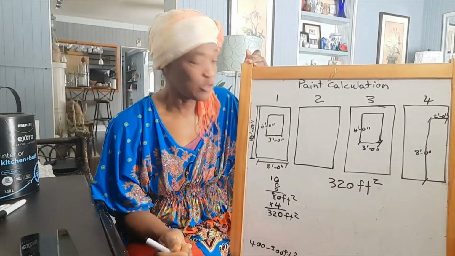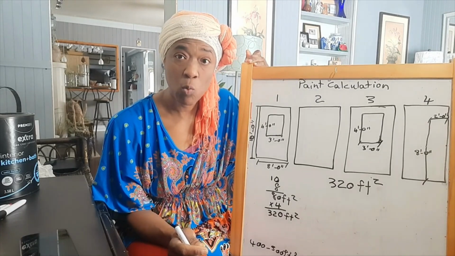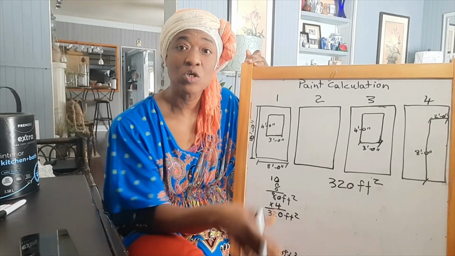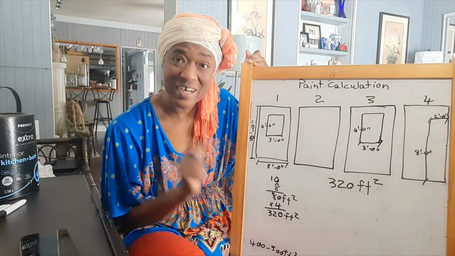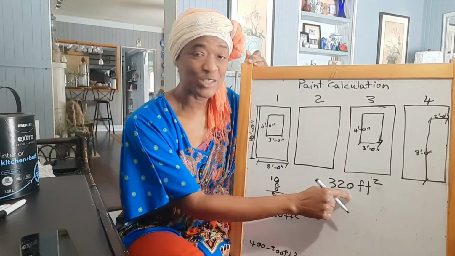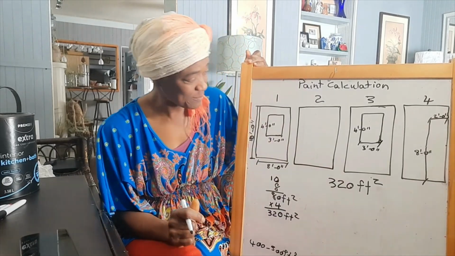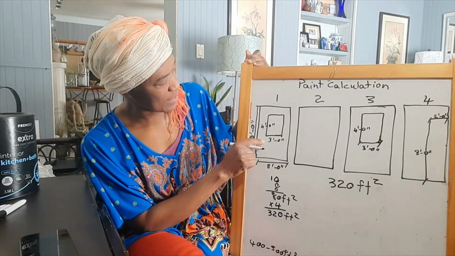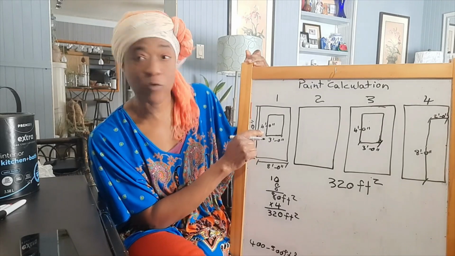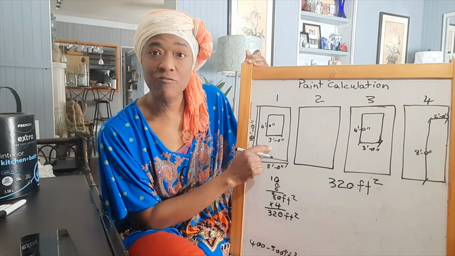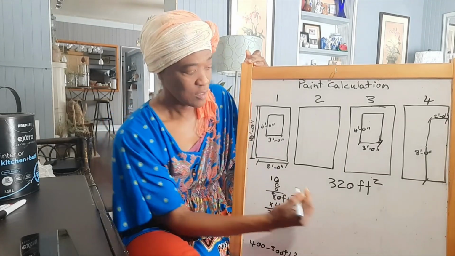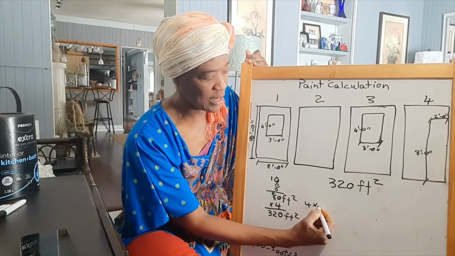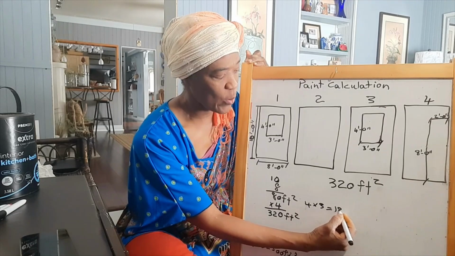However, we do have some cutouts on some of the walls, so we will have to subtract those cutouts from the 320 feet squared. The first one is the window here that's 4 feet high by 3 feet wide. 4 times 3 equals 12.